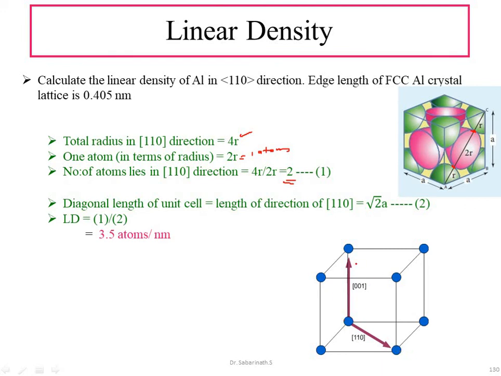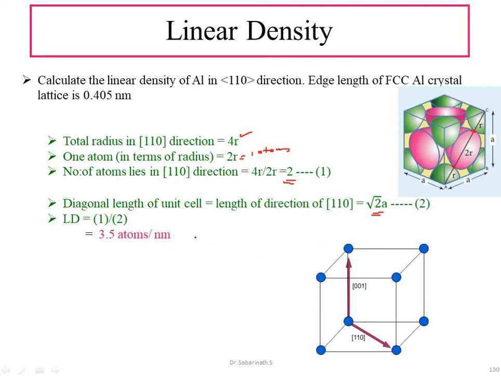So the diagonal length of that unit cell, we know it is a, and a square plus a square is equal to, we will take it as x square. So x square is equal to a square plus a square, so we will get the value as root 2 a.